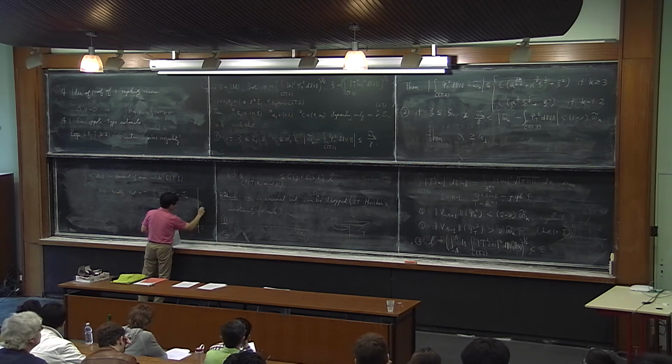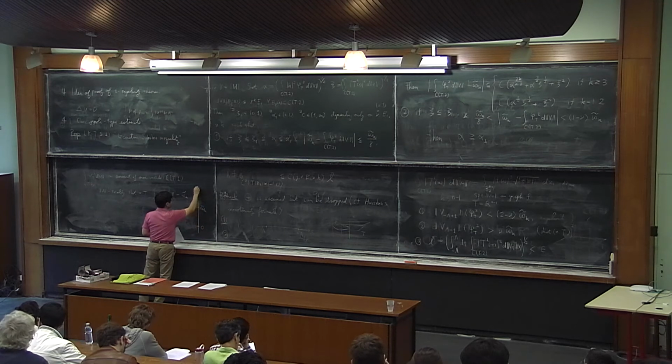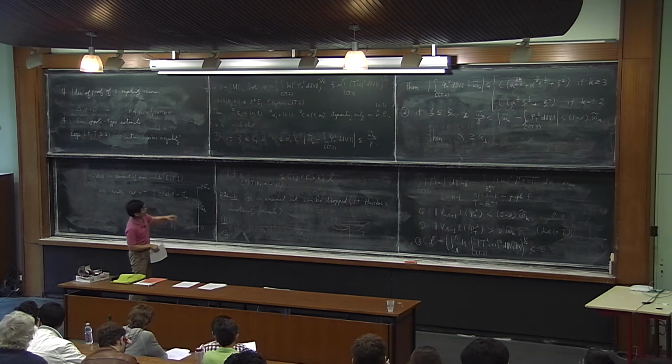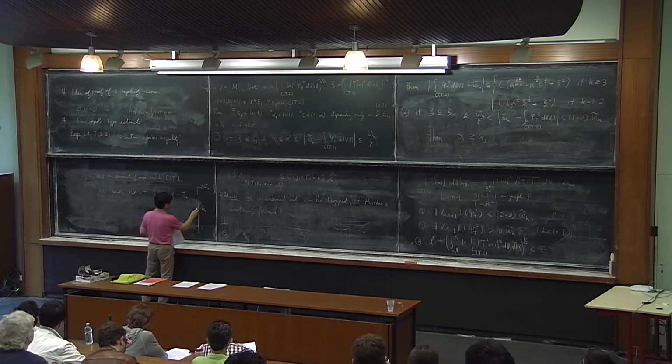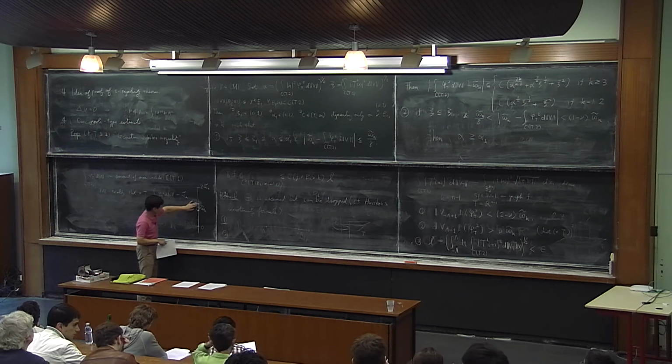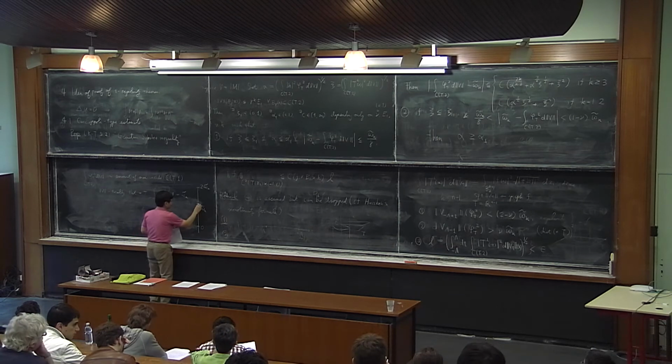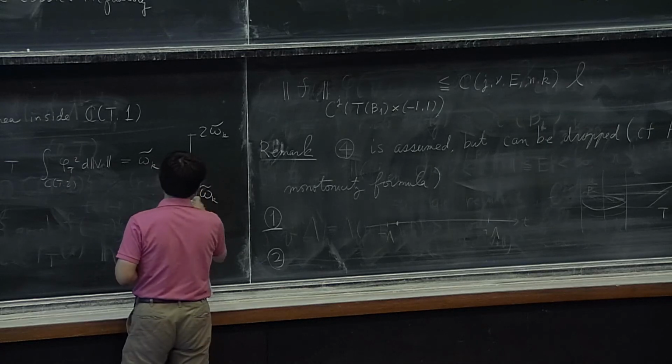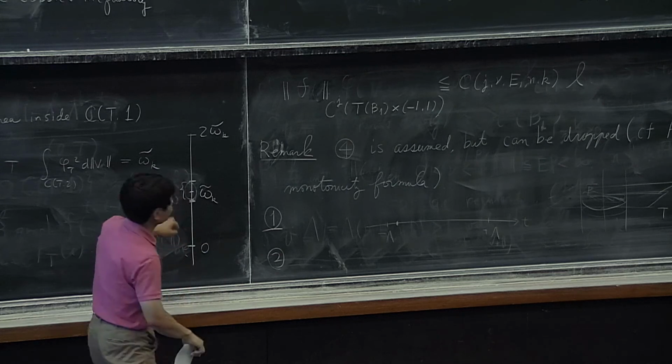Here's the omega k, and here's 2 omega k tilde. So the third condition is saying that your area inside of this cylinder is somewhere in this interval. So that's the situation.